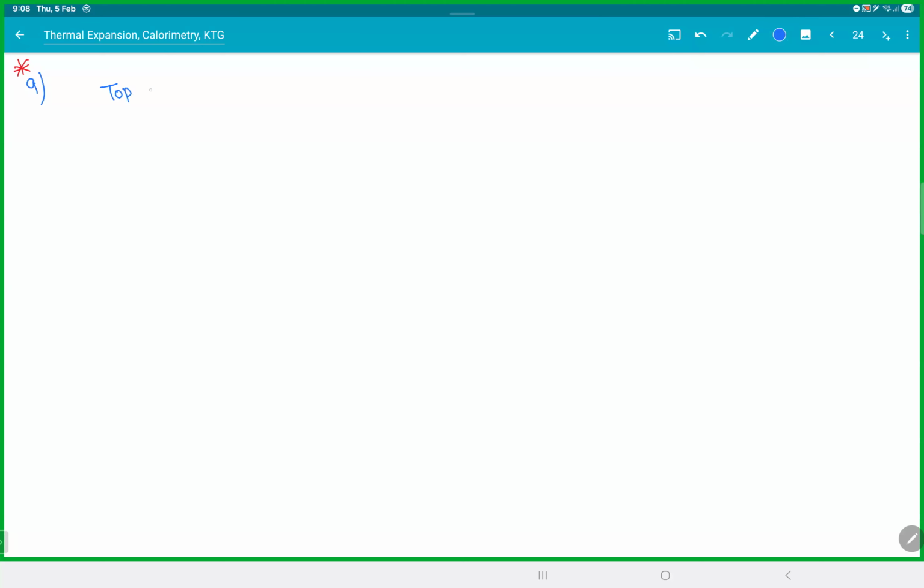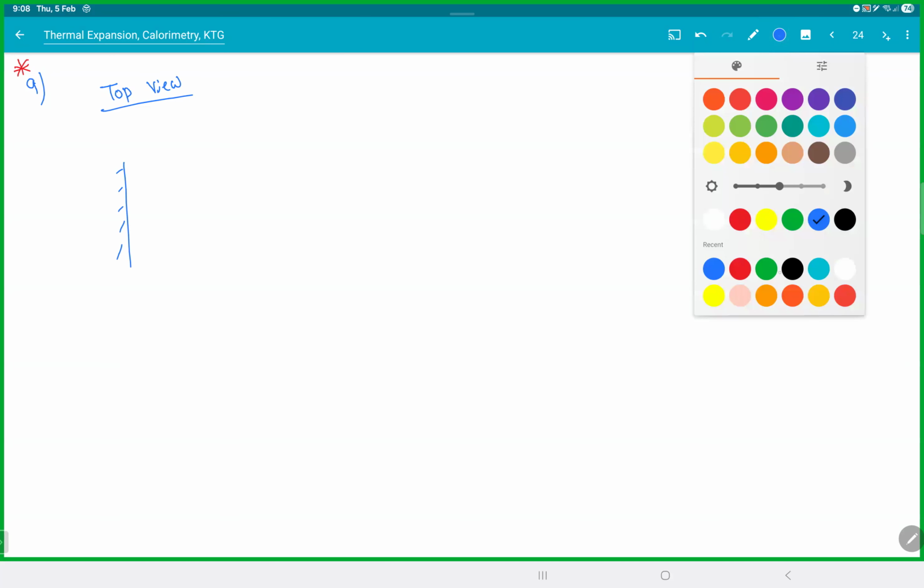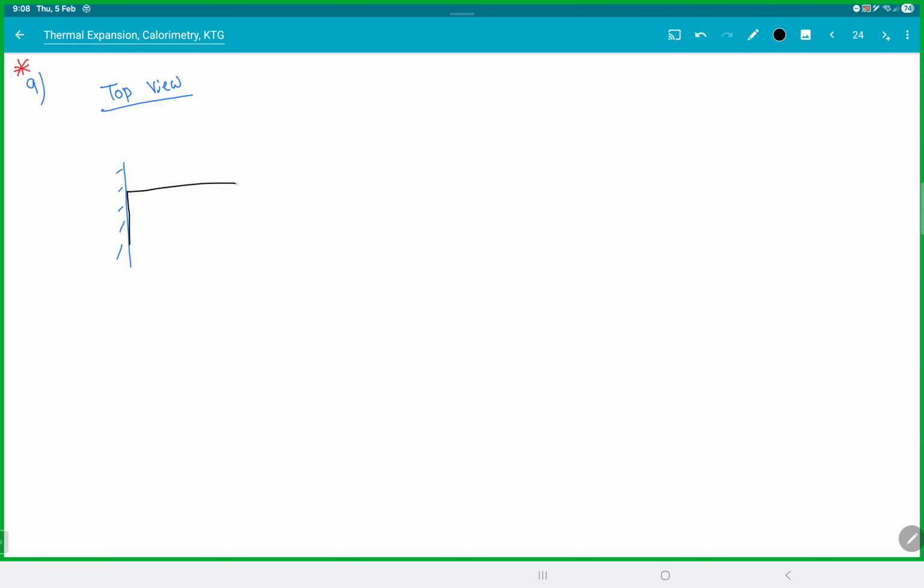Top view, there is no gravity. We have taken two rods. This is the interface. This rod's Young's modulus is y1, area is a1, length is l1. This rod is y2, a2, and l2.